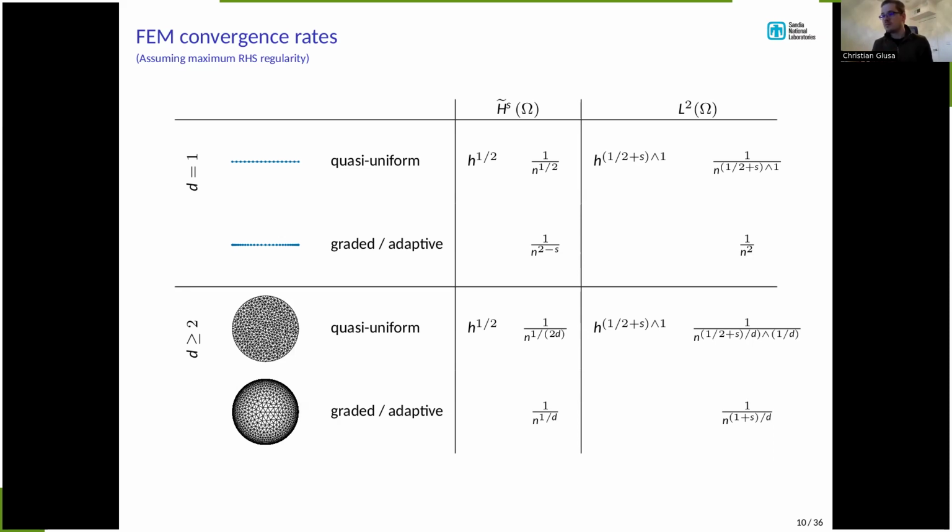So in the quasi-uniform case, the rates of convergence in terms of mesh size match between one dimension and higher dimension. The same goes for the L2 error, but if we go to graded meshes, we get the optimal rate of convergence that we would expect for these types of problems in 1D. In 2D, we have to pay a little bit of a penalty for staying with shape regular meshes. Next slide, please.